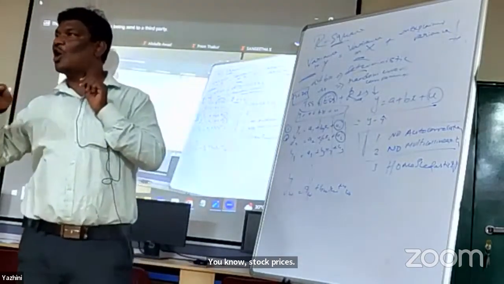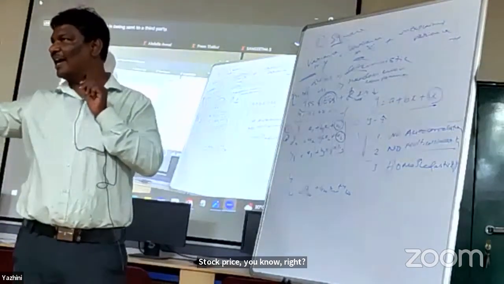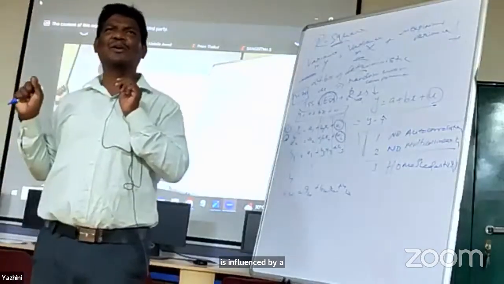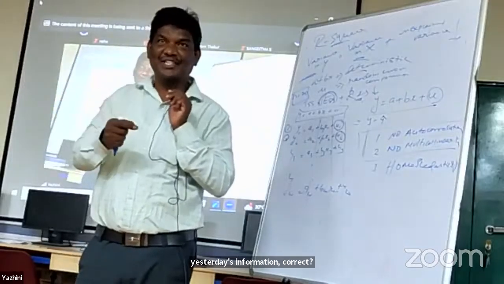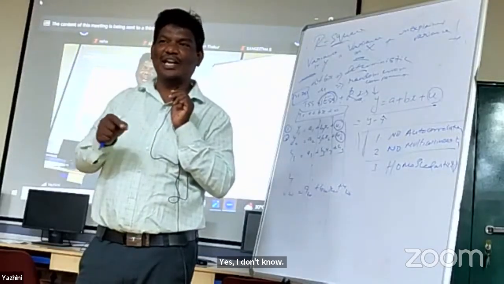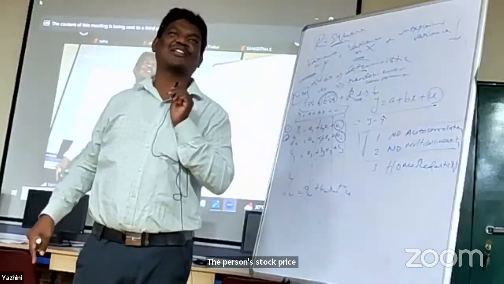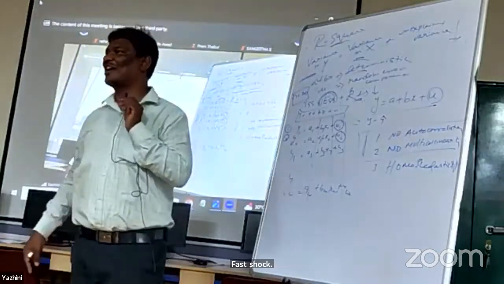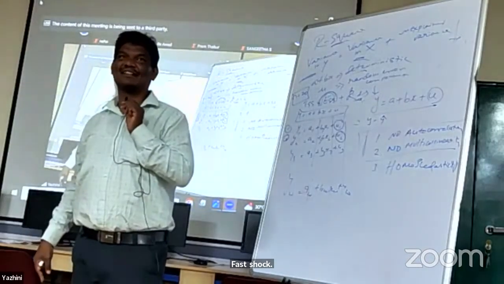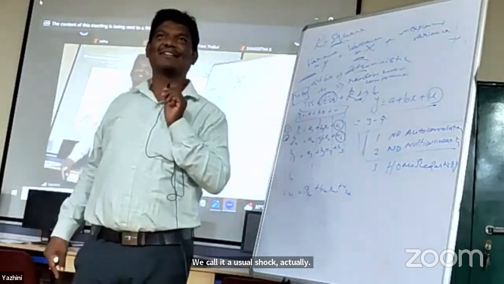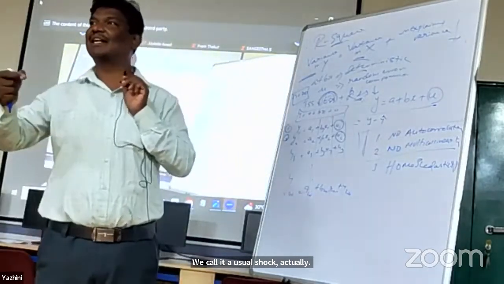The present stock price is influenced by yesterday's information, correct? Yes or no? The present stock price is not only influenced by the present news, but also by the past shock. We usually call it a shock. News creates a shock. Understand?